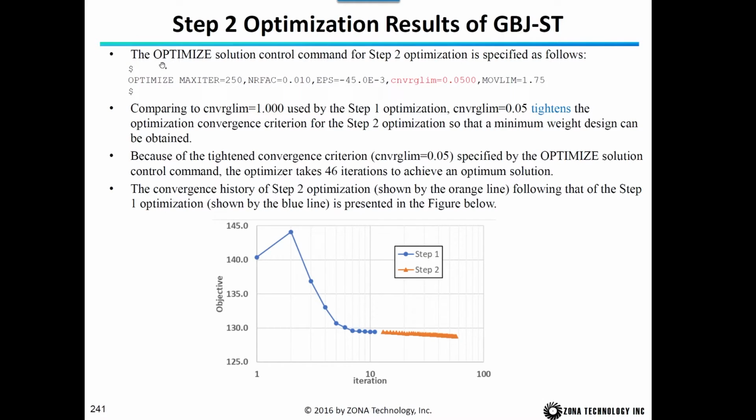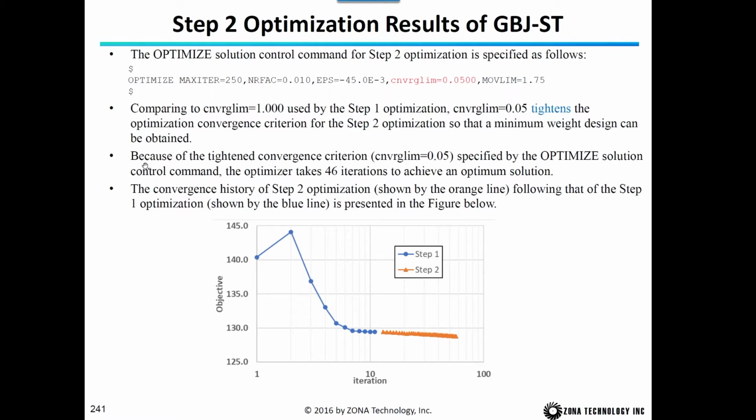After we define the step 2 design variables for the step 2 optimization, we change the convergence limit to 0.05, so we tighten the optimization convergence criterion for the step 2 optimization so that a minimum weight design can be obtained.